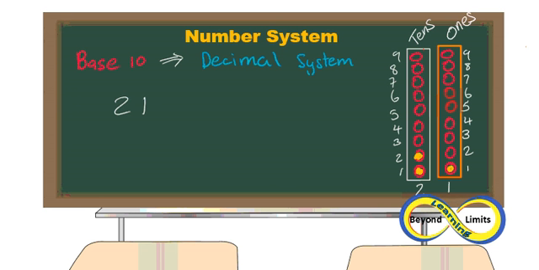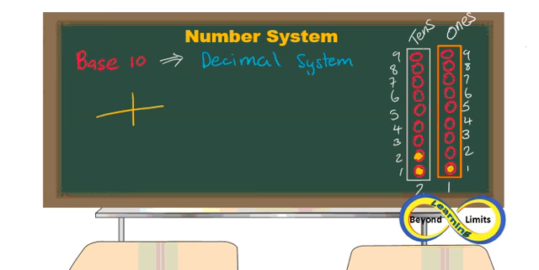So we know that 21 would be 2 groups of 10. That would be one group with 10 things inside, and this would be another group with 10 things inside as well. And this is a single one outside by itself.